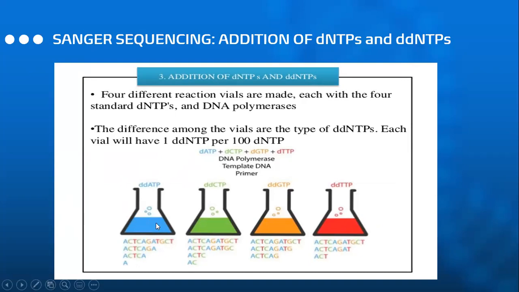Each vial will have 1 ddNTP per 100 dNTPs. So in general, we could say this vial will contain dATP, dCTP, dGTP, dTTP, the DNA polymerase, the template DNA, and a primer. But the only difference is the ddNTPs that are present in each of the vials.